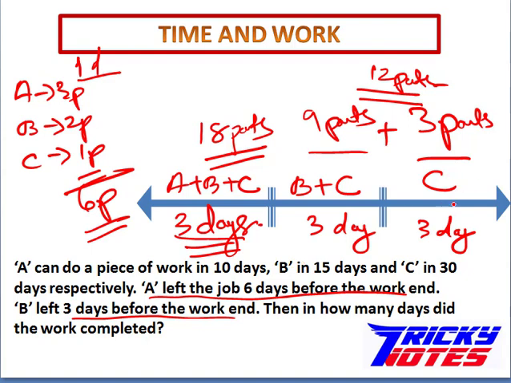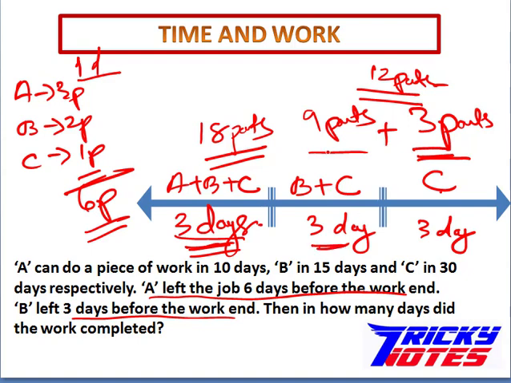See, in the last 3 days, because A and B both left, only C worked. Before that 3 days, because A left their job 6 days before, B and C worked. Here nobody left, A, B, C all three are working.